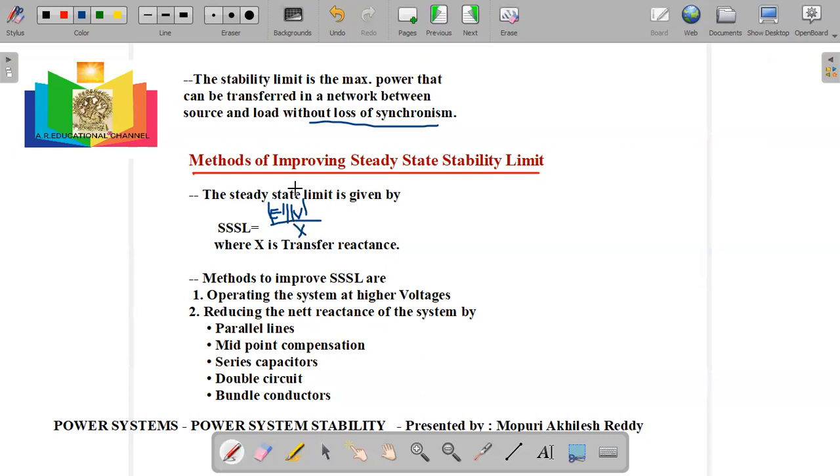So if you want to improve the steady state limit, we can increase the numerator or decrease the denominator. Increasing the numerator means we should operate the system at high voltages. To reduce the denominator, you should reduce the net reactance of the system by using parallel lines, midpoint compensation, series capacitors, double circuits, and bundle conductors.